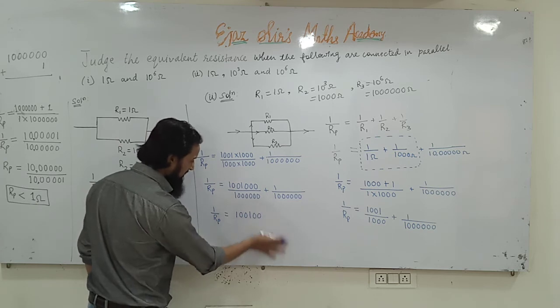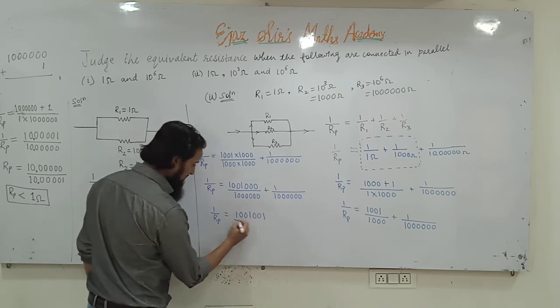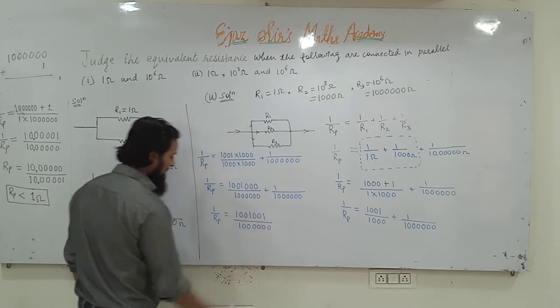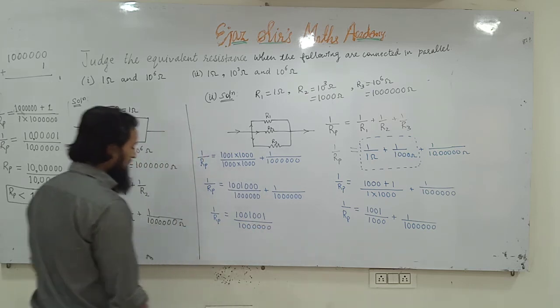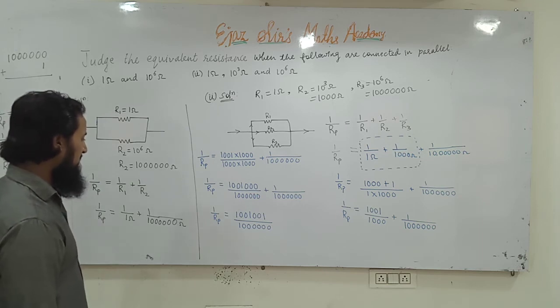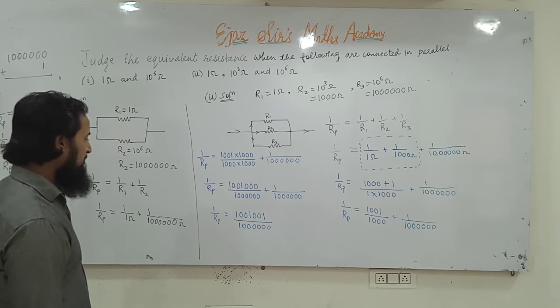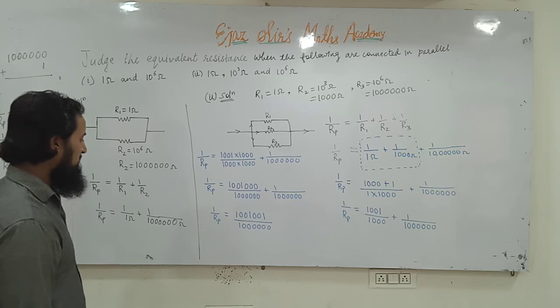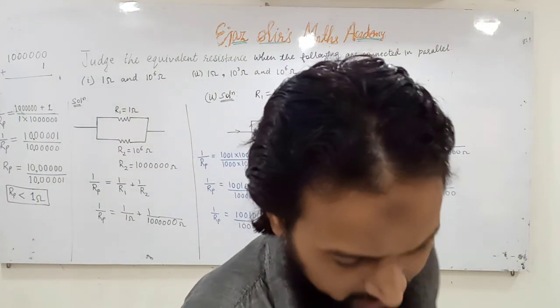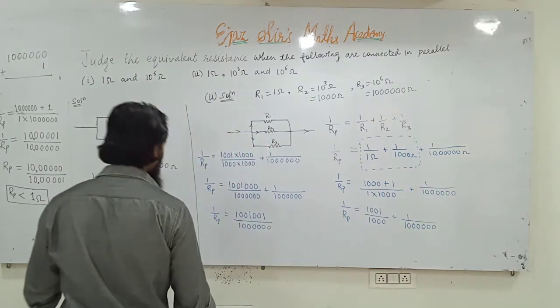This will become 1001 divided by 10 lakh, which is 10^6. Again this is less than 1 ohm.